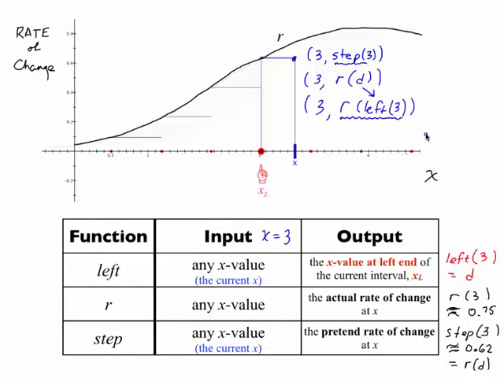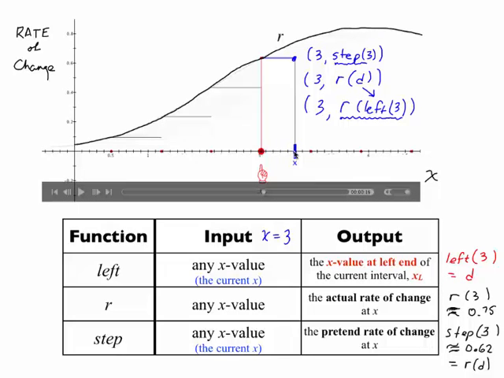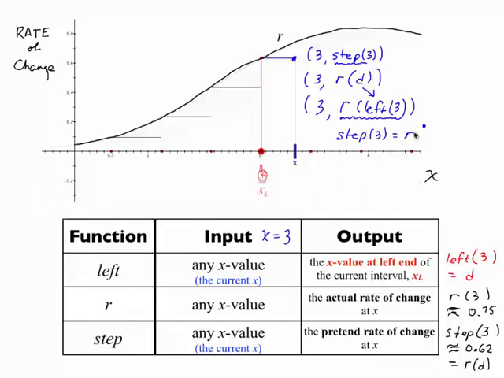You take 3 and find the left side of that interval to get that x value, and then you plug that x value into R. That gives us the rate, which we're going to use as the y-coordinate for our rate at 3. So that's why step of 3 is equal to R of left of 3.